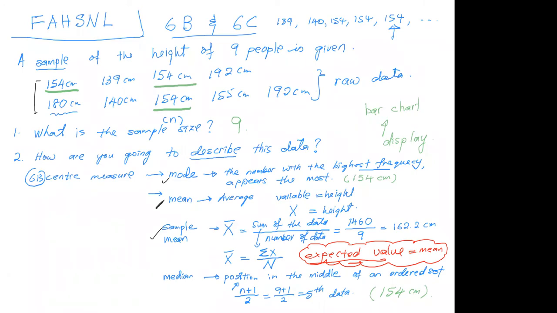Get me? So each and every one of us, you must know what it is. And you must know which type of data mode is more important, median is more important, and so on. So if I give you two sets of data, then you can try to interpret. I will talk about this more. So this is just to let you know.